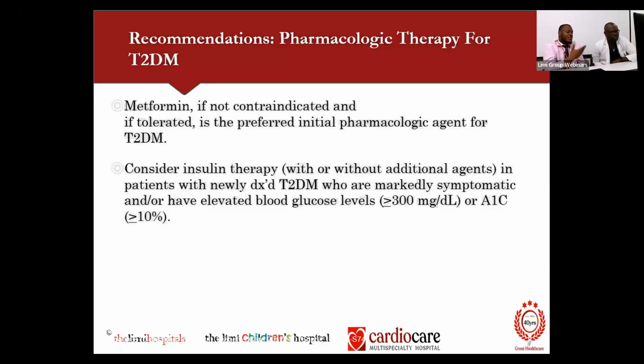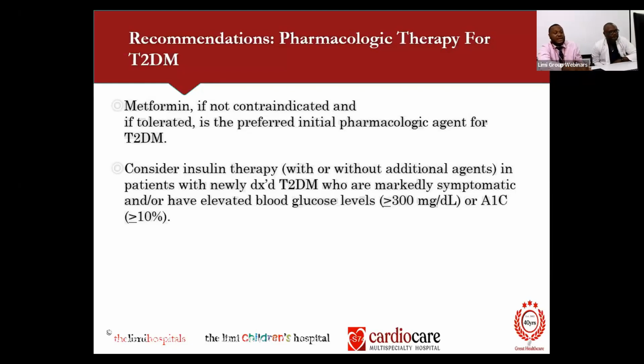Getting an A1C of above 10, maybe patients with 11, sometimes you see patients with 14, please don't withhold starting insulin therapy. I know in our environment, so many patients have their reservations about starting insulin, but with appropriate counseling, making them understand what insulin does and how it will help in bringing the sugar down as quickly as possible. So we should just take note of that.